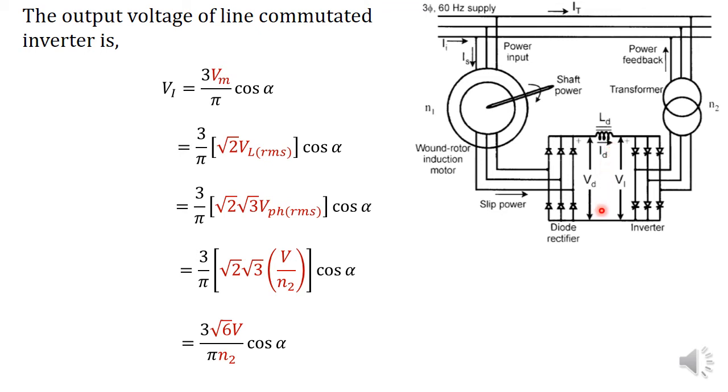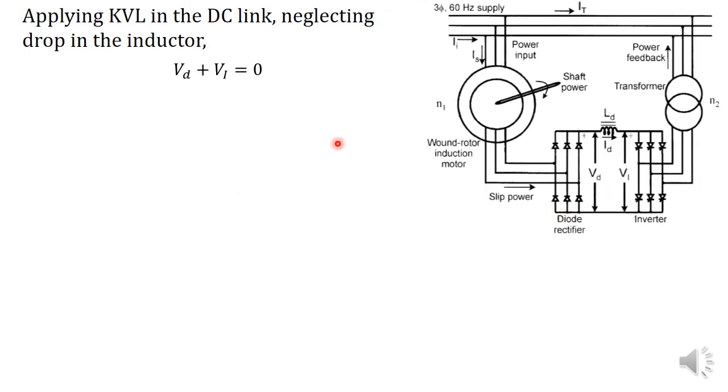Neglecting the drop in the inductor, we have to consider Vd and Vi only. So Vd plus Vi is equal to 0. That is Kirchhoff's voltage law of this DC link.